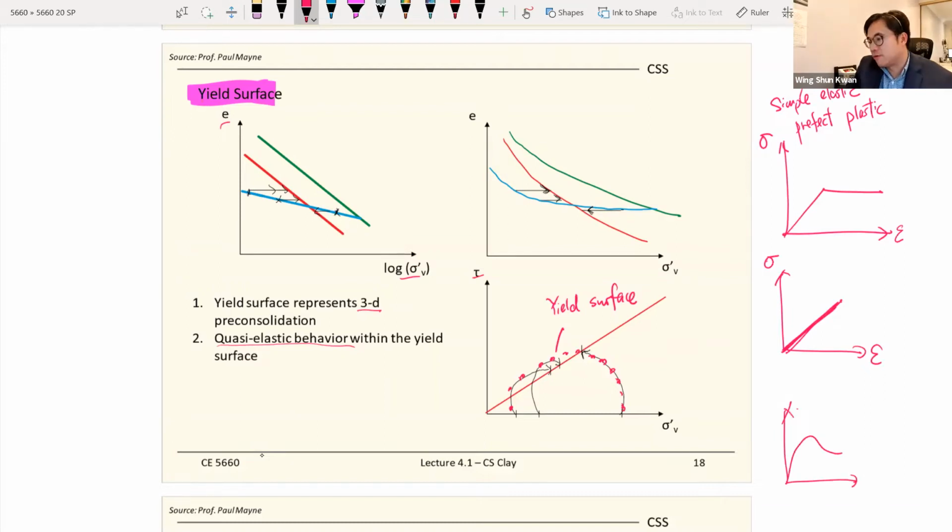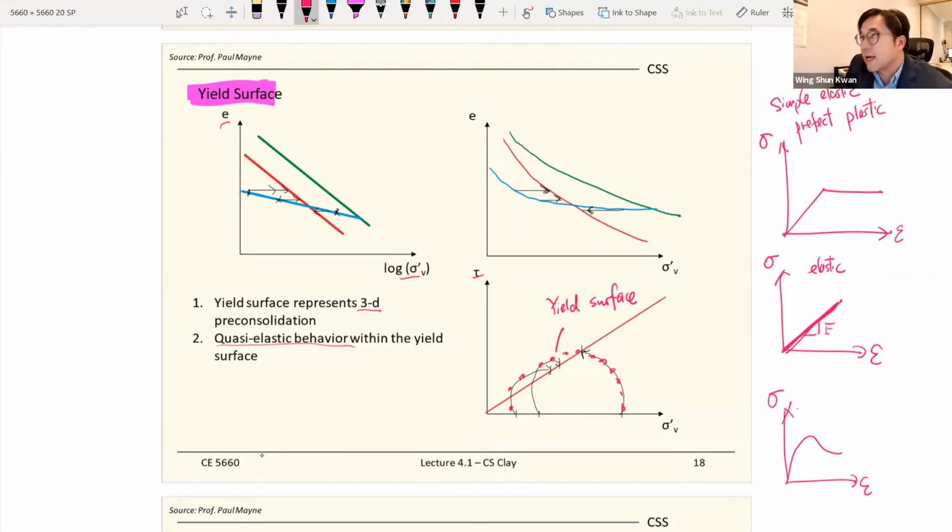You get a highly nonlinear stress strain curve, so that's why it's very hard to model. To capture a behavior like this, you just need 1 parameter, right? So this is the perfectly simple elastic model.